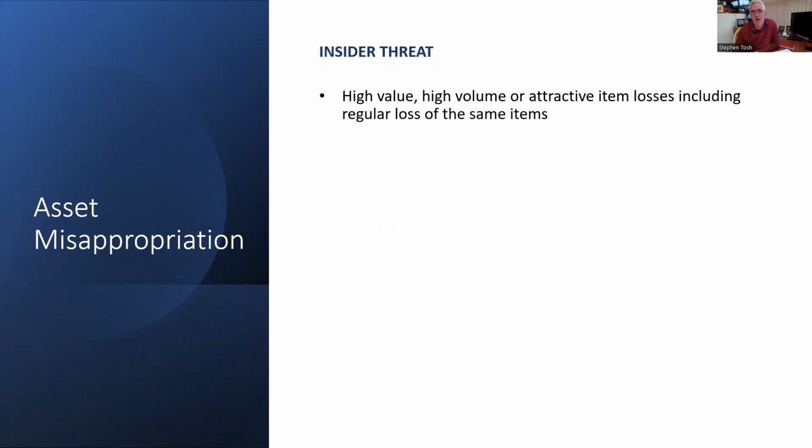So we will look at patterns: what are the high value, high volume or attractive items that have been lost, or particularly regularly lost. Certainly one, when we broke down a schedule of, I think it was around £5 million worth of losses, one of the regular volume items that were lost were things like traffic cones.